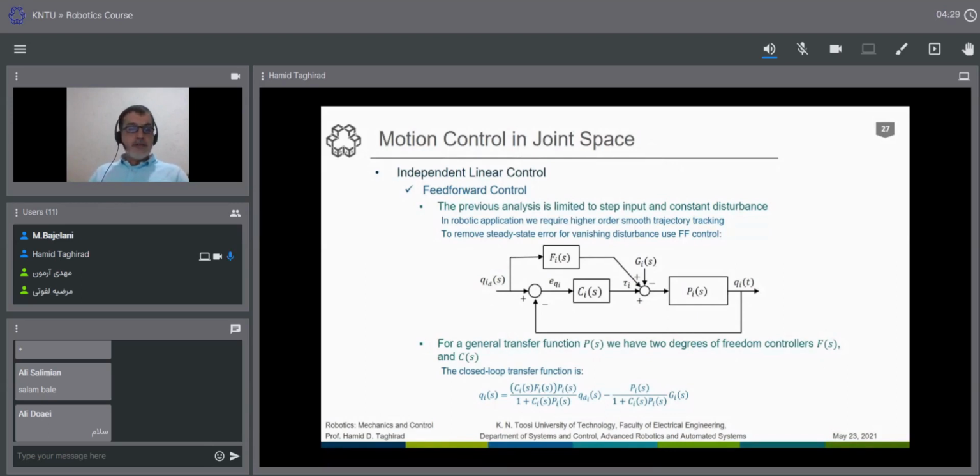Today we will continue on the topic of motion control of the robot in joint space.